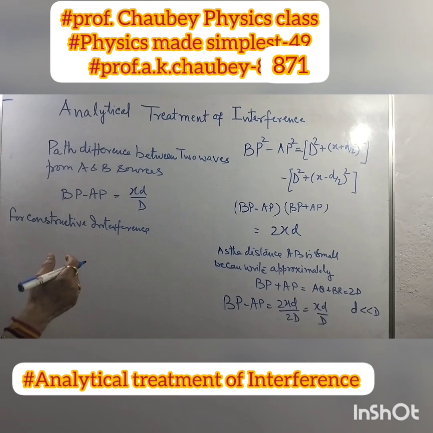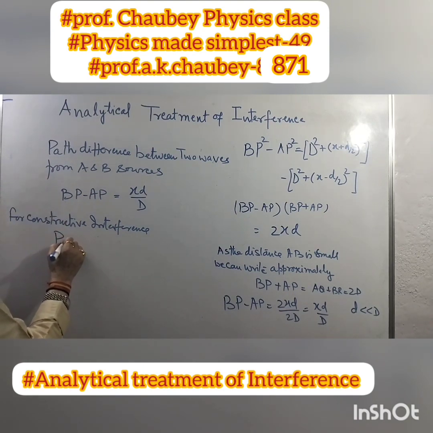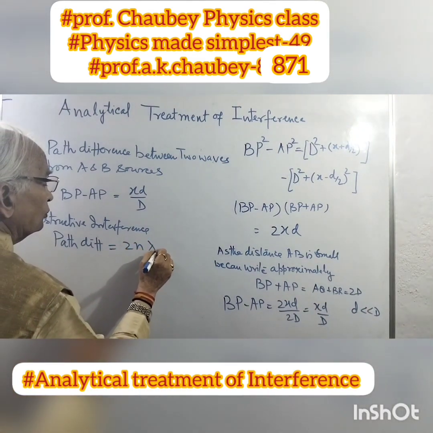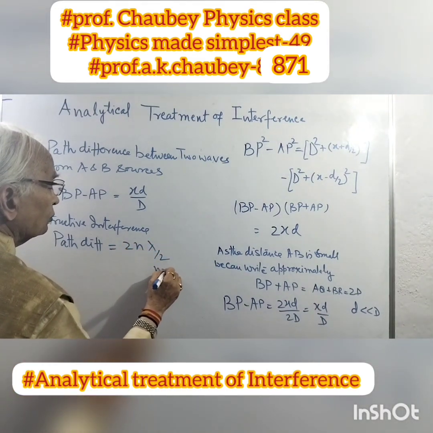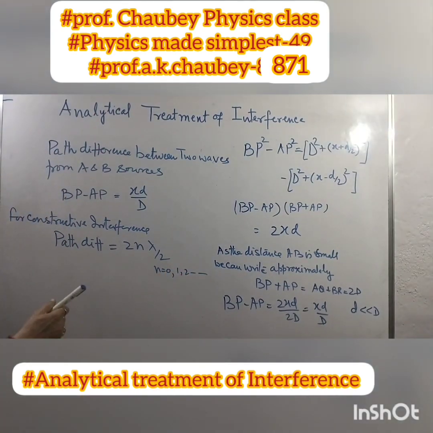Amplitude becomes A plus A, 2A, intensity becomes 4A square. So for constructive interference, first we got phase difference, then path difference is twice n lambda by 2, n equal to 0, 1, 2 and so on. It is an even multiple of lambda by 2.